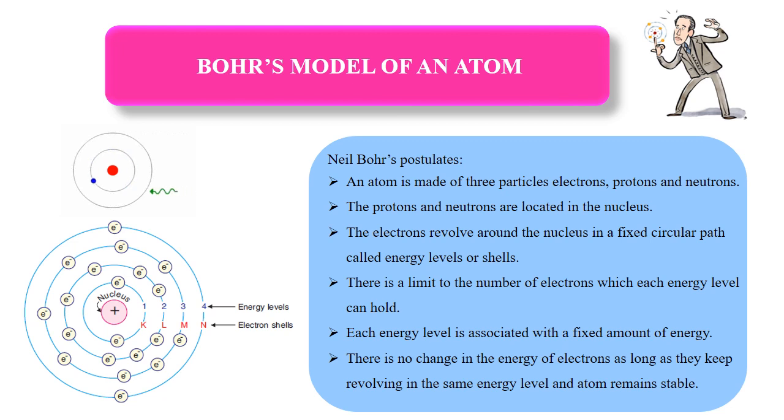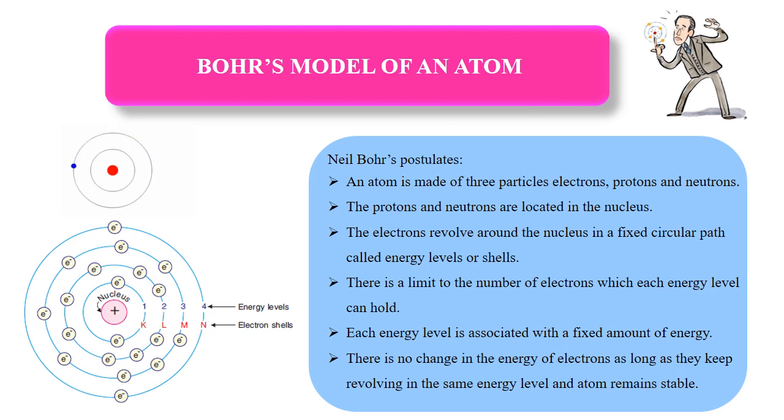Lastly, there is no change in the energy of electrons as long as they keep revolving in the same energy level, and the atom remains stable. The change in the energy of an electron takes place only when it jumps from a lower energy level to a higher energy level, or when it comes down from a higher energy level to a lower energy level.